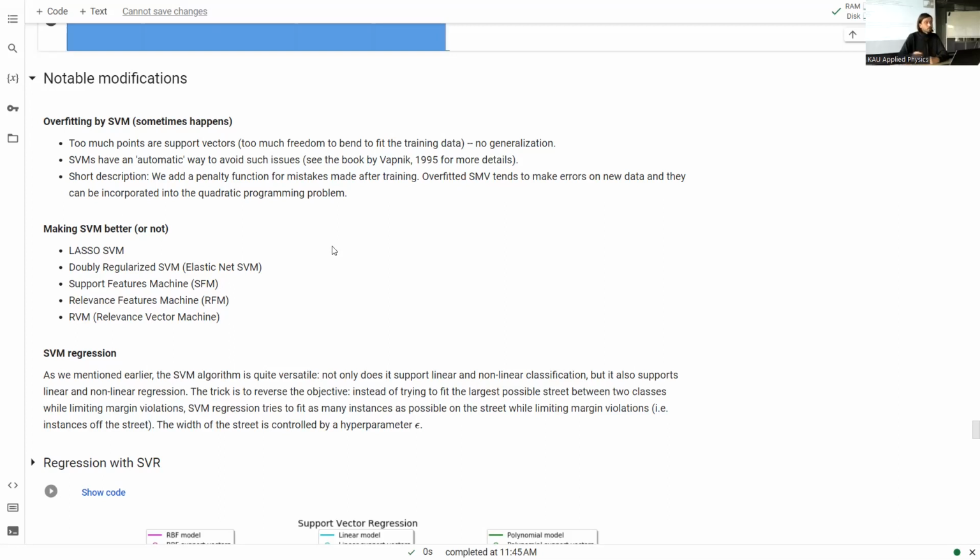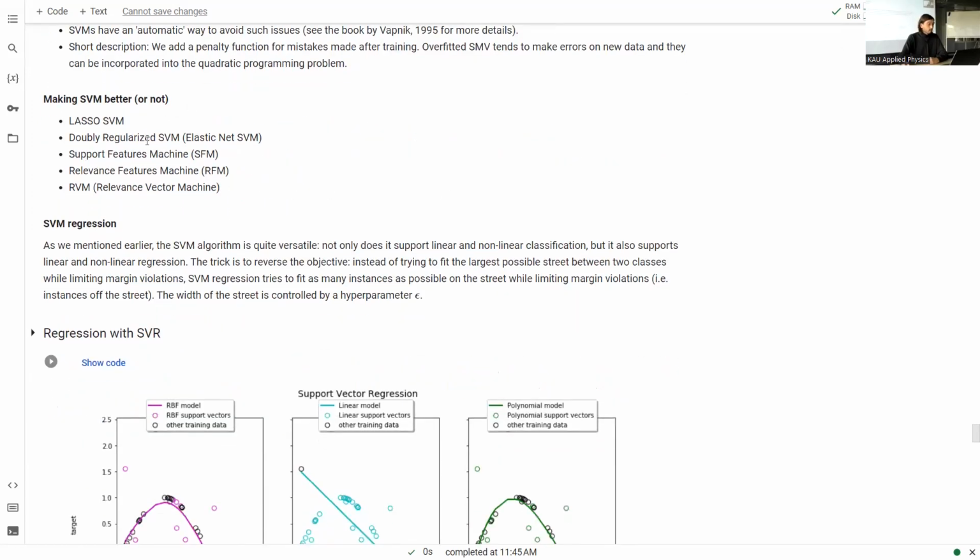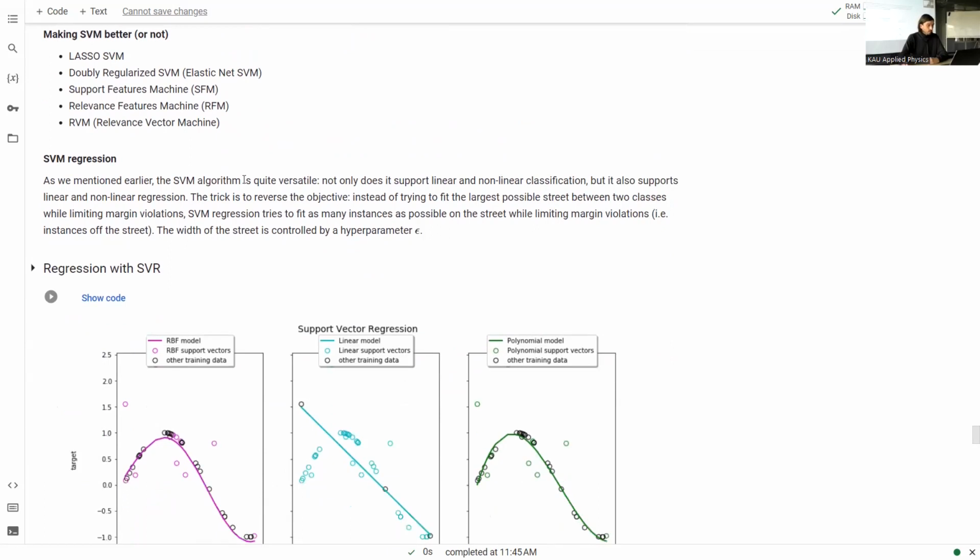We know if our model is too flexible, we don't get any generalization, and we get overfitting. We're not getting the result we want. There are some methods to implement automatic feature selection to avoid these issues, but you should check the book by Vapnik, 1995. It's some sort of adding a penalty function for mistakes made after training, and that can be used to make our SVM a little bit better, or you can use one of these methods that I told you.